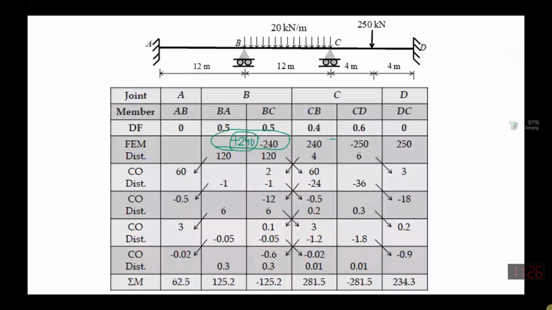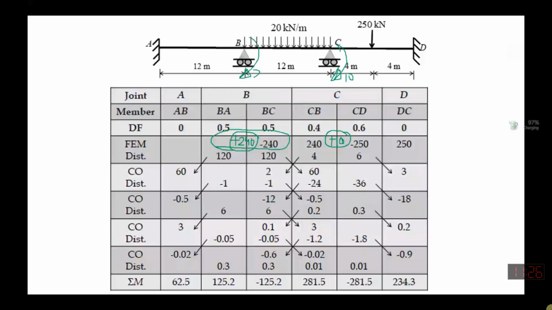Clear? So this plus 10 will now be distributed, because this is the unbalancing moment over here in the beam, equal to 10. Here the counterbalancing moment is 240, and it will be distributed based on the distribution factor.